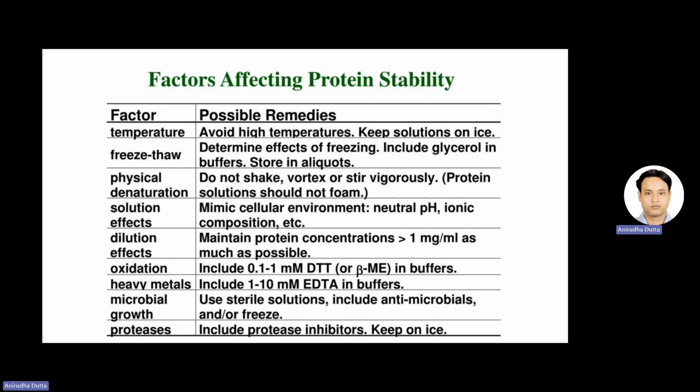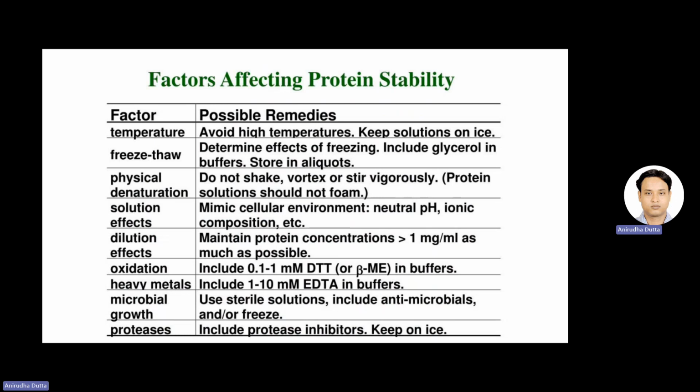Okay, so that's why from preparation of sample to the end of the purification, we are going to keep 4-degree temperature, or we'll keep the protein or sample on ice, so that they stay stable. If it is a protein sample, we should avoid multiple cycles of freeze and thaw.